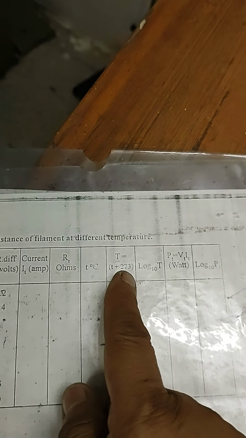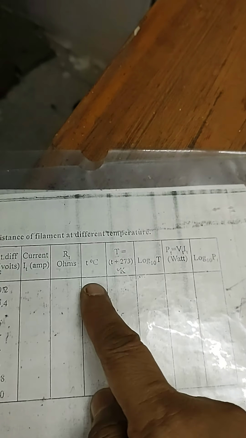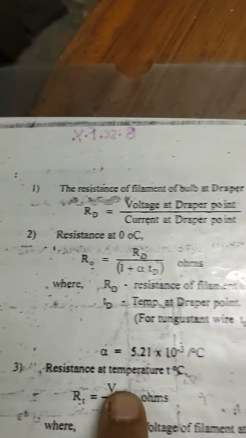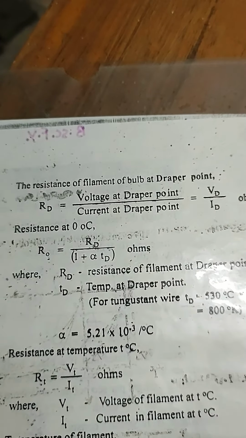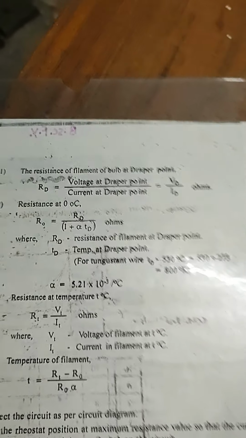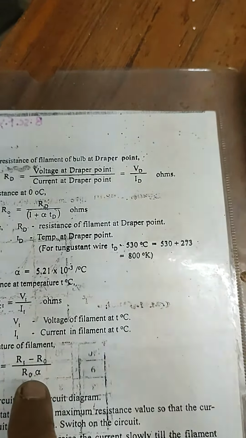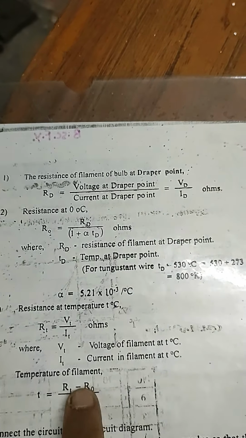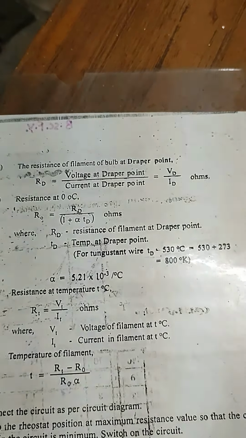With the help of these values, you will find capital T. For that purpose you have to find out RT. So RT will be VT upon IT. You will get the respective values of RT over here. Putting this RT in the formula T is equal to RT minus R0 upon R0 alpha.